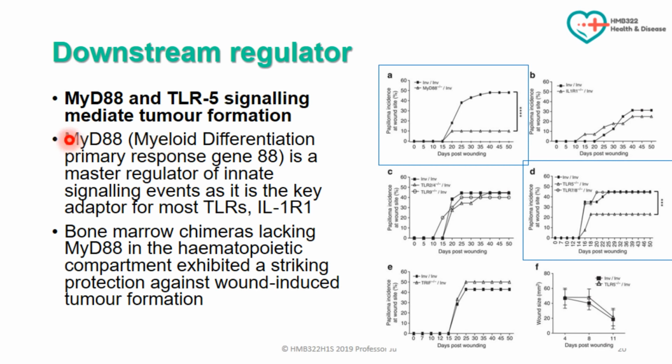If you look at this MYD88 and TLR5 system, MYD88, the myeloid differentiation primary response gene 88, is one of the innate signaling molecules that is related to all of these different toll-like receptors, the things that are designed to surveil all of these different potential pathogens that you might encounter. Going back to the same types of experiments they did with the TNF receptor mice, they were looking at whether or not this MYD88 was actually important.